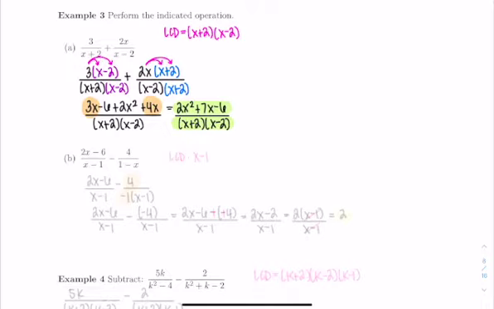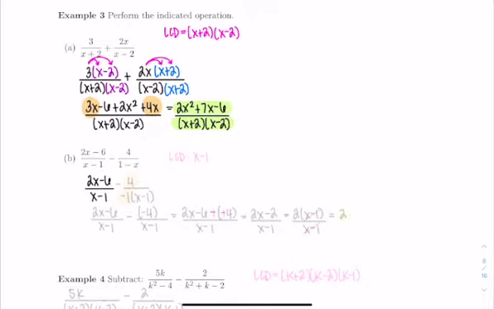Let's go ahead and try the next one. We have 2x minus 6 over x minus 1 minus 4 over 1 minus x. So the LCD, remember, x minus 1 and 1 minus x are opposites. So we can multiply one of them by -1 to make them look like each other.